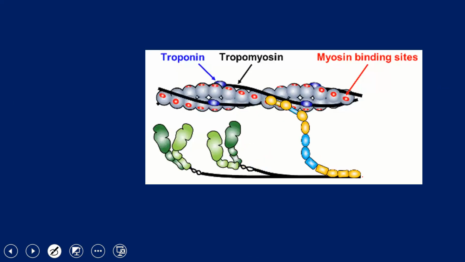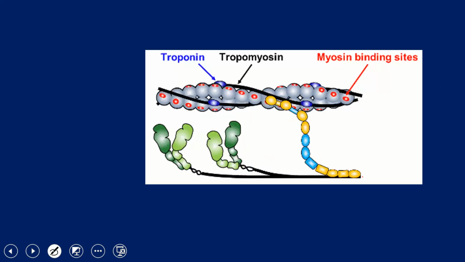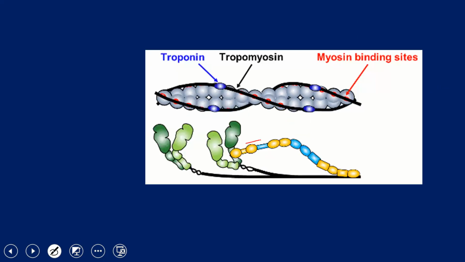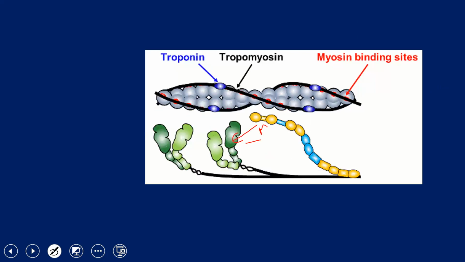Now see, this is the sliding filament GIF, as you can see. See, beta, this masking is removed. Now this calcium binding will remove the masking. So these myosin filaments can bind to the actin, because otherwise it is masked by tropomyosin.